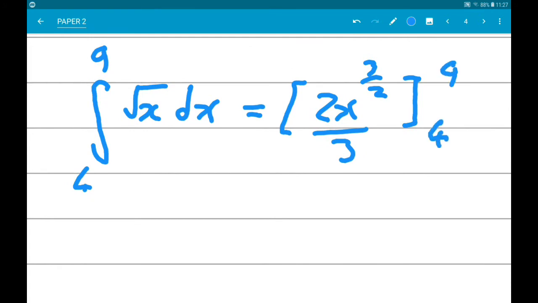So, 9 to the 3/2 is 27. So 2 times that, 54. Divided by 3 is 18. Now, 4 to the 3 halves, 2 cubed, so that's 8, times 2 is 16, divided by 3 is 16 thirds.